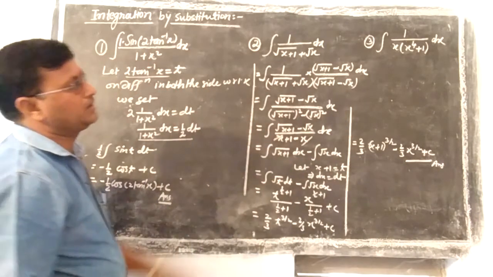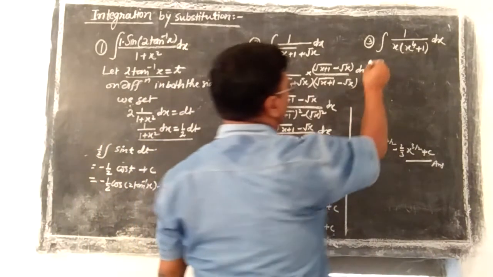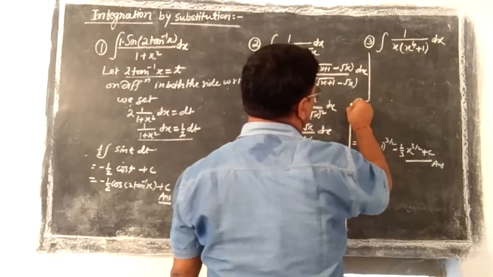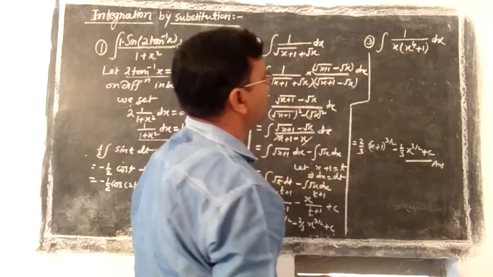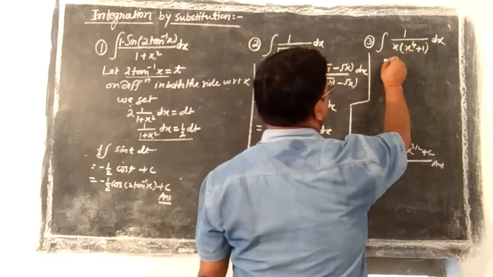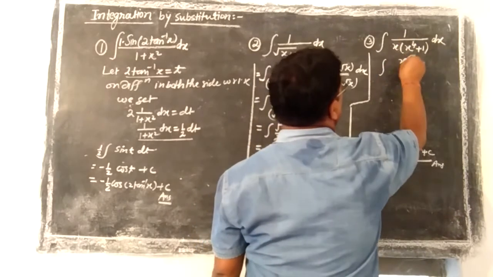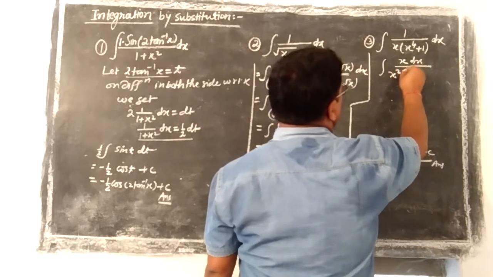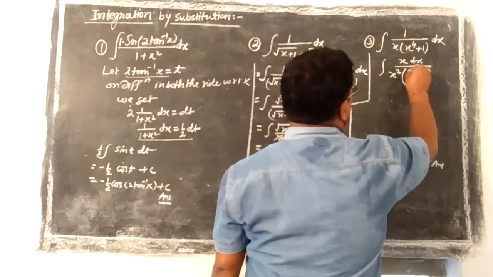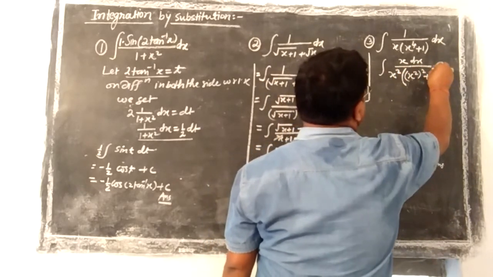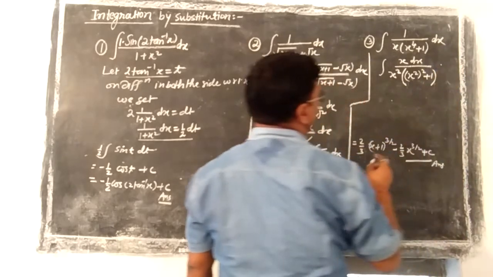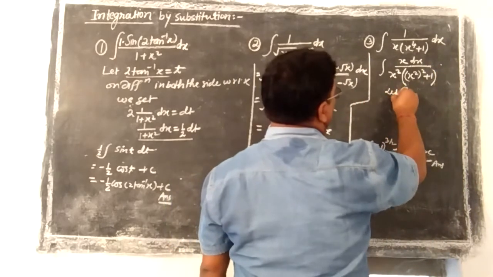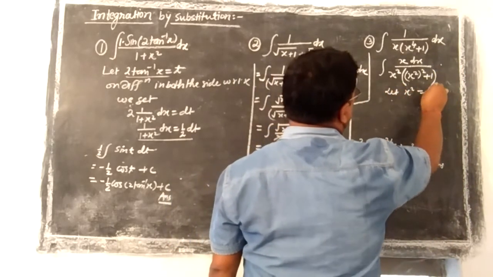Now we have to solve this question number 3. In order to solve this question, we multiply by x in numerator and denominator. Therefore, x dx upon x square to the power 2 plus 1. Now let here x square is equal to t.